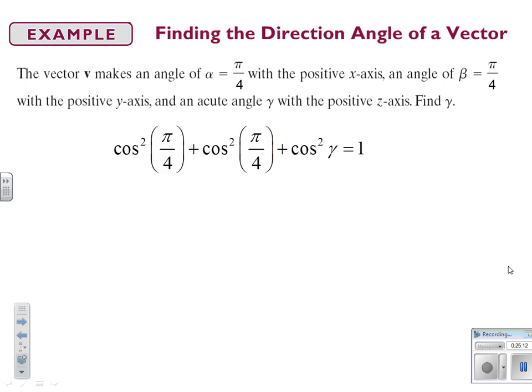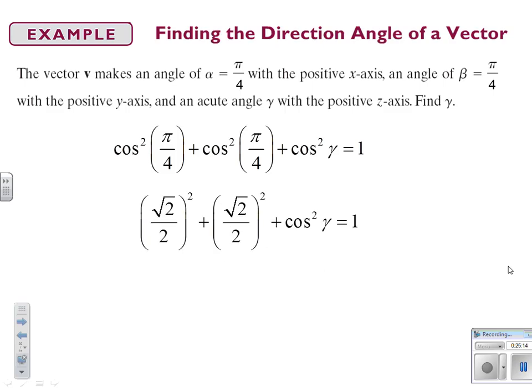Cosine of pi over 4 is root 2 over 2. I'm going to go ahead and square that, and we get 2 over 4, which is 1/2. 1/2 plus 1/2 is 1, plus cosine squared gamma equals 1.